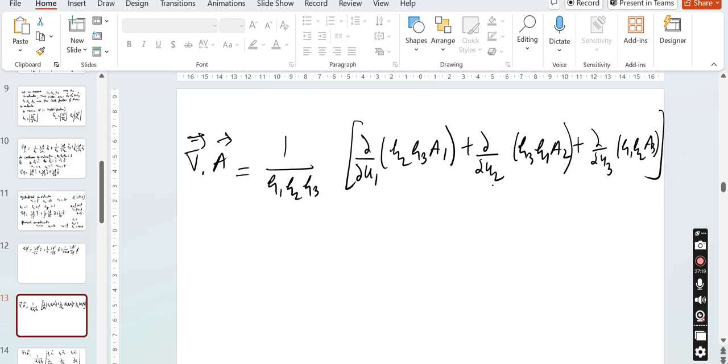Similarly, when you put h1 h2 h3 here, for cylindrical coordinates, let me write it.